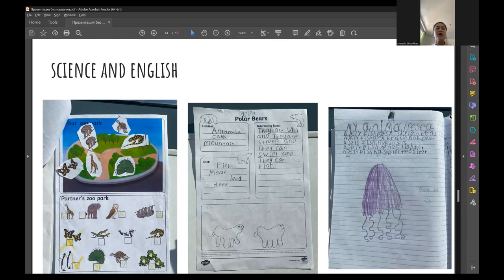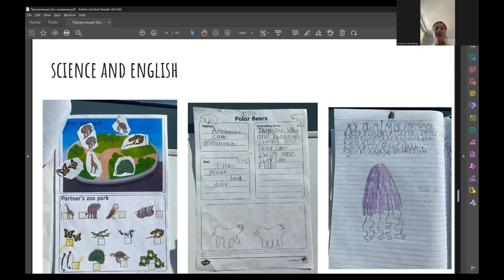One student sticks animals in his zoo, and the partner does the same. Then they ask each other, "Do you have a monkey in your zoo park? Do you have a frog in your zoo park? Is there...?" So you can use it for a grammar or language content goal lesson.